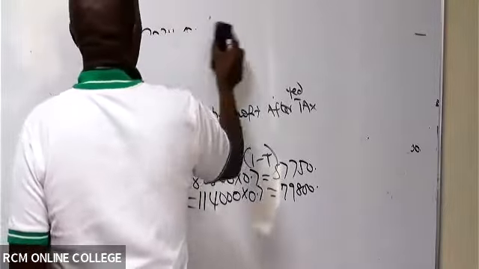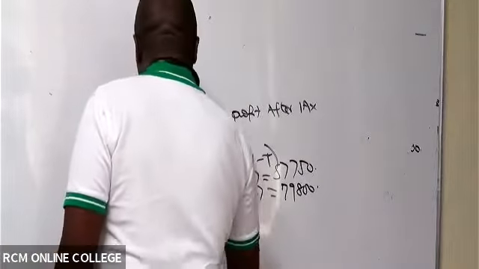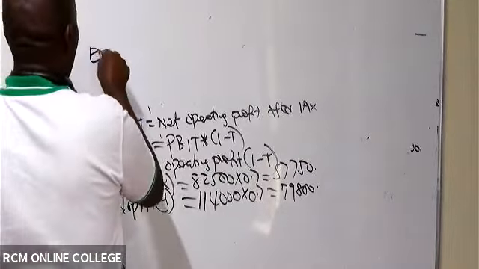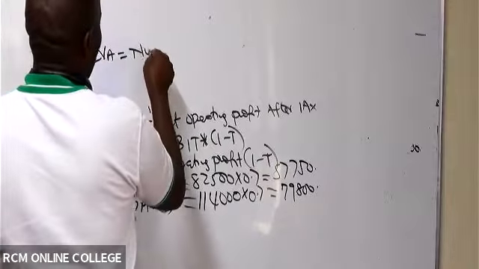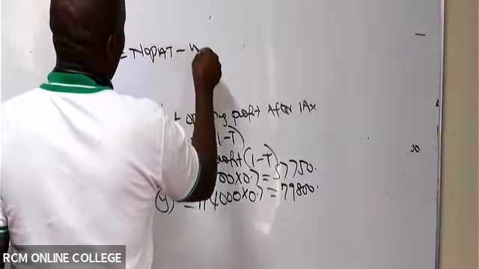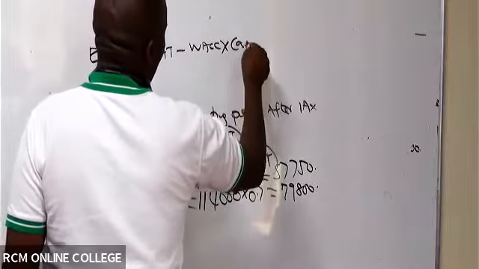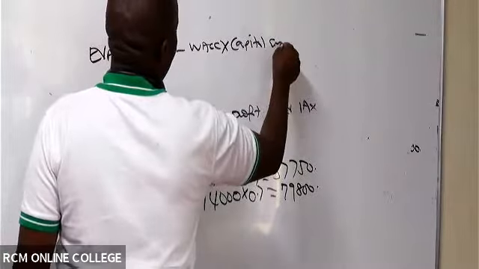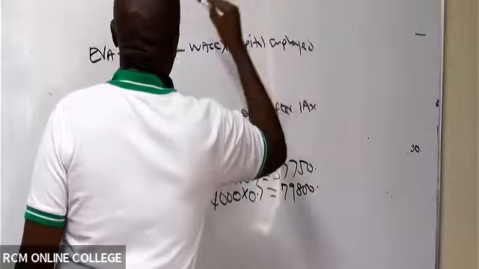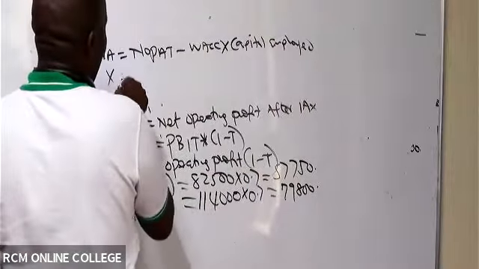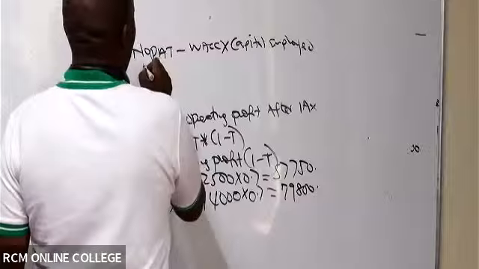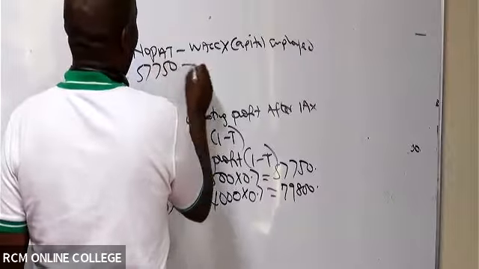Apply the EVA formula. The EVA formula, of course, we know is NOPAT minus WACC, if it is there, times capital employed. In this case, for X, NOPAT is 57,750.